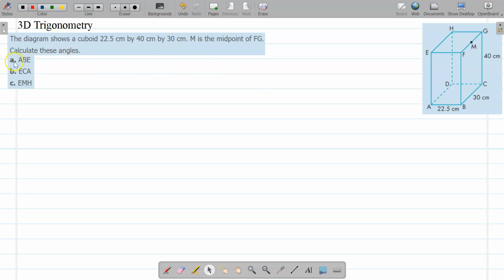So let's take the first angle that we're required to find, ABE. It's the angle you make if you travel from the point A to the point B to the point E. The first thing I'm going to do is recreate just the relevant part of the cuboid that we're interested in.